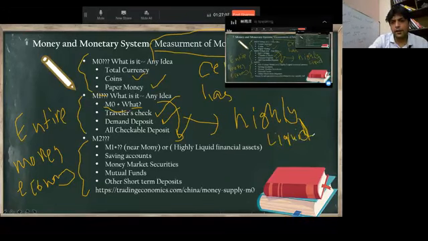So they are highly liquid instruments. That's why we consider it M1.